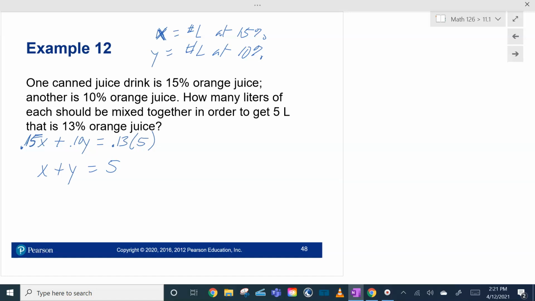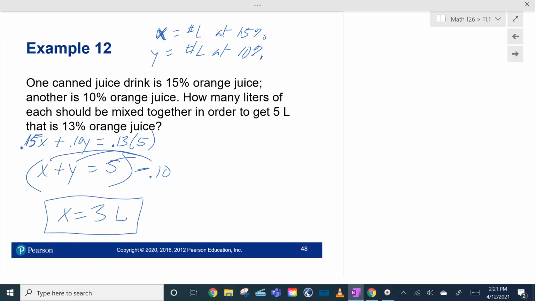If you were to eliminate y, then you'd multiply this by negative 0.10, everything. I'm not going to go through all that. We've done some of these examples, but you'll need 3 liters of the 15% mixture if you want to check yourself on this, and 2 liters of the 10% mixture.